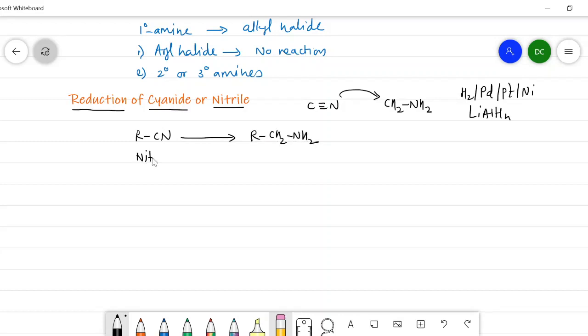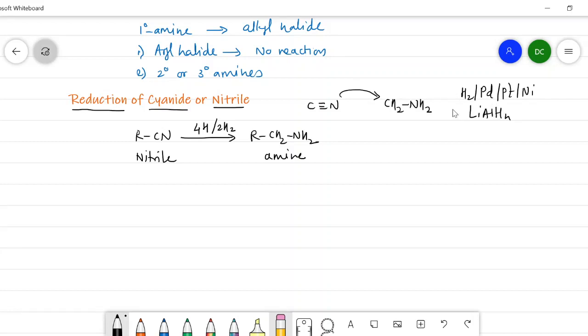So the nitriles are converted into the corresponding amines. Here we get a corresponding primary amine, and there is the addition of 4 hydrogen, that is, twice H2. The catalysts or reagents are a metal catalyst and lithium aluminum hydride.